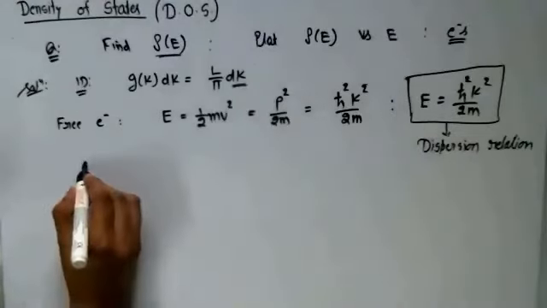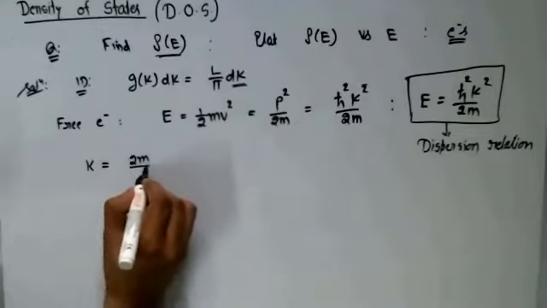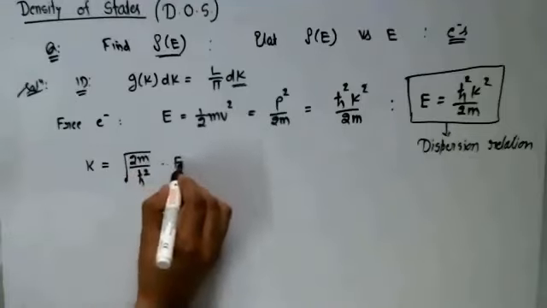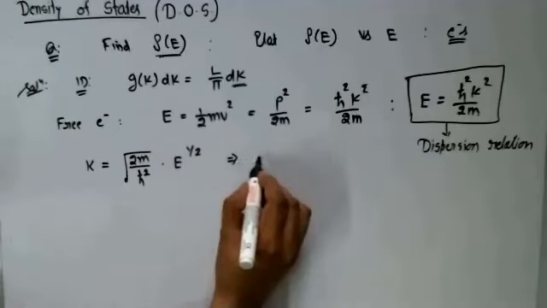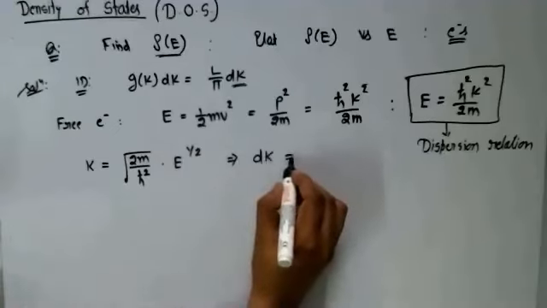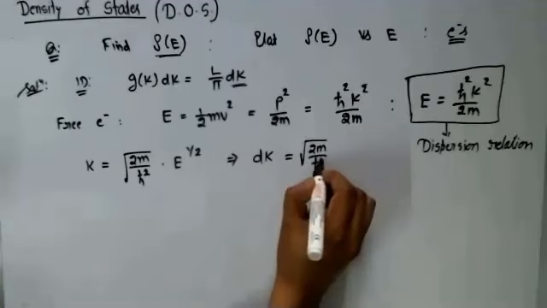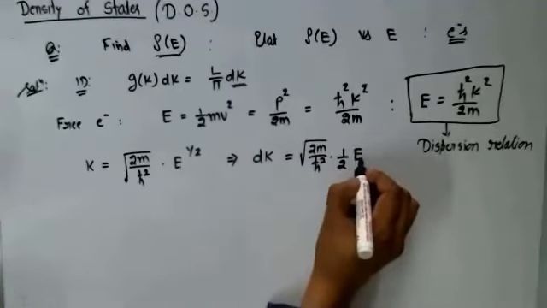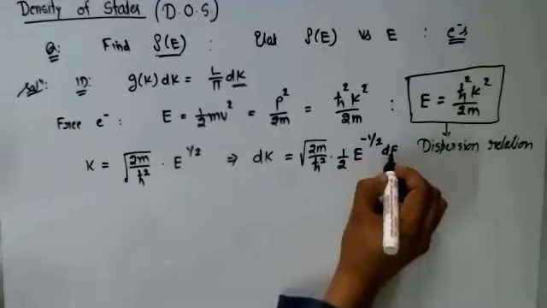So take k from there, how much will it come? It is 2m upon h cut square into E power half. This implies that dk will be 2m upon h cut square and 1 by 2 E power minus half into dE.